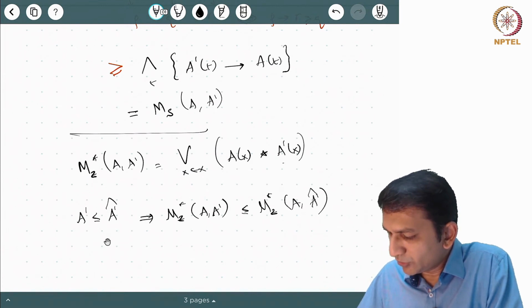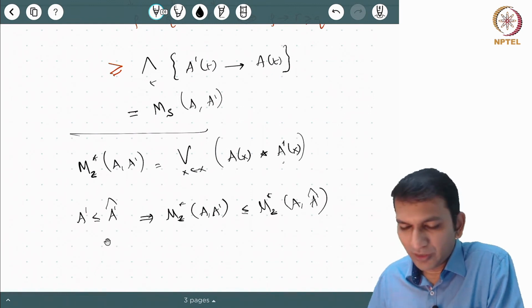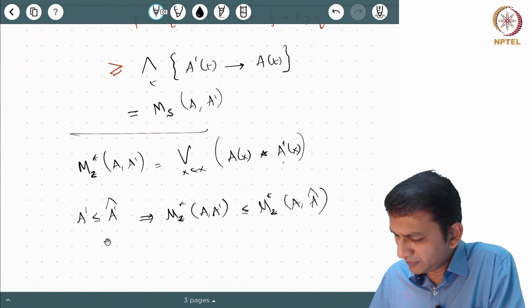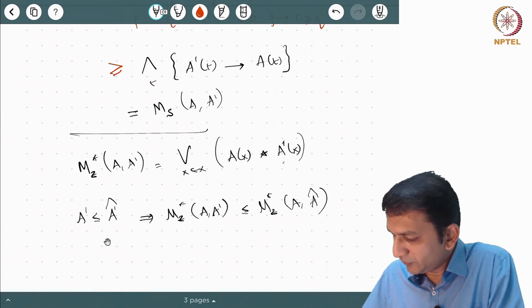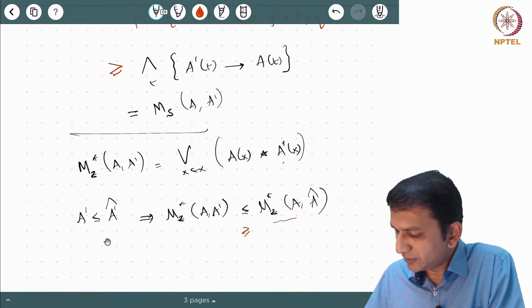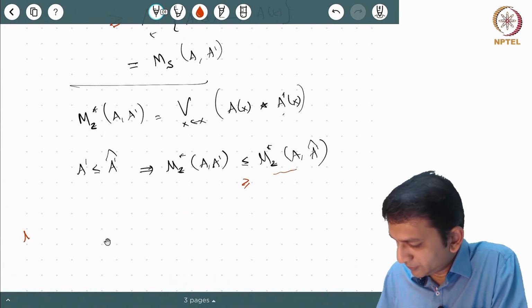This follows from the monotonicity of star. Because if you put a dash cap instead of a dash, then this will be smaller than that. So one way inequality is true. What we need to show is the other way. Now we need to show this is smaller than a dash. Let's start with that.